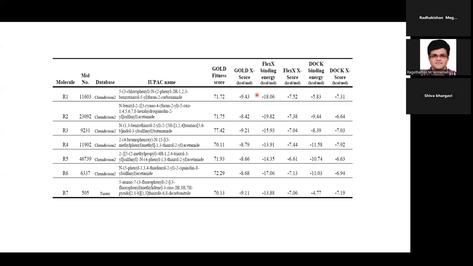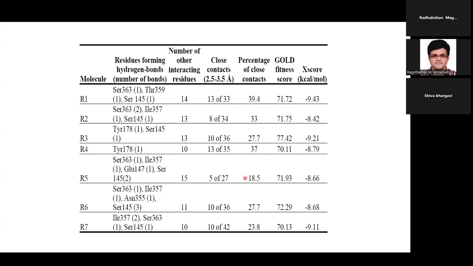So when we put this kind of filtering, we got very comparable results where the X-score values of these molecules, even though they were docked with three different tools and they probably docked slightly differently in the protein structure, still are comparable in terms of energy.